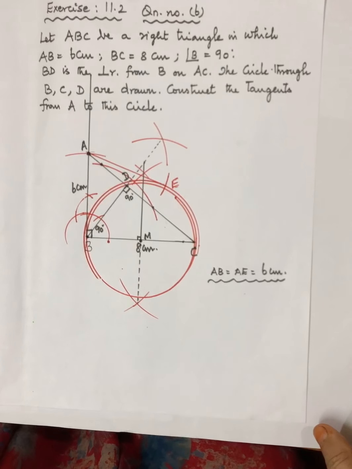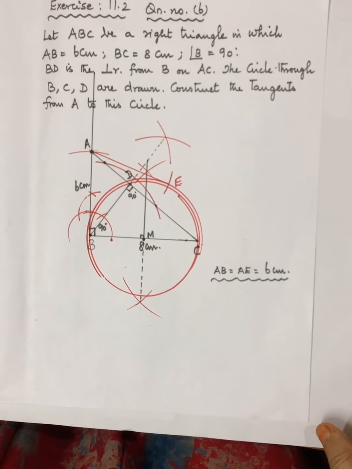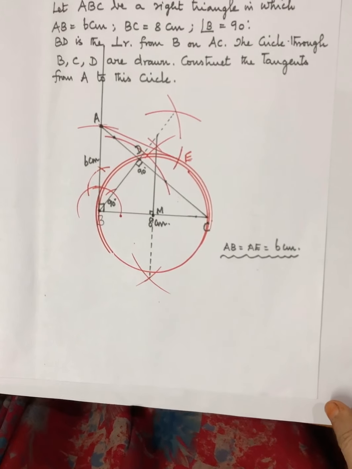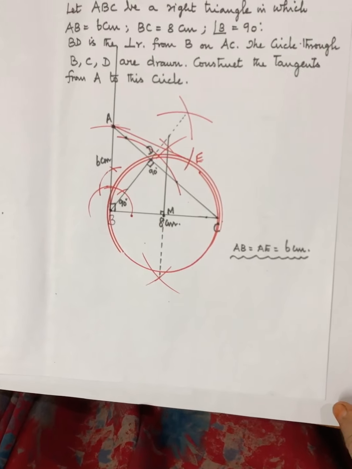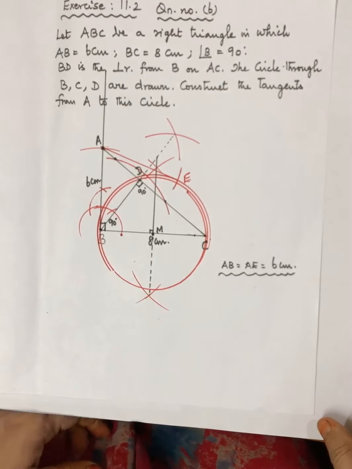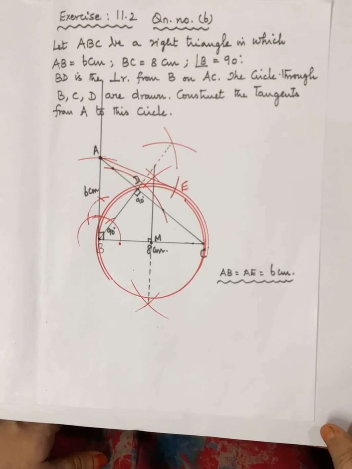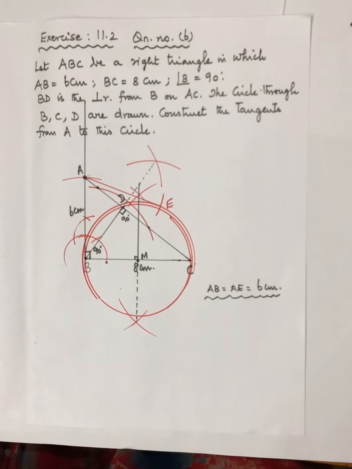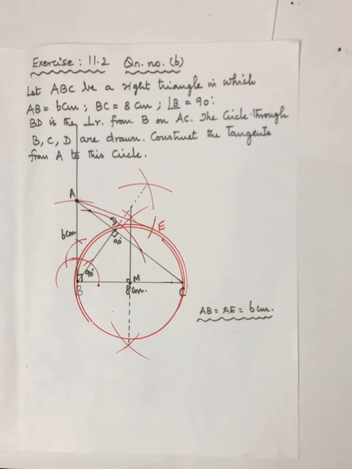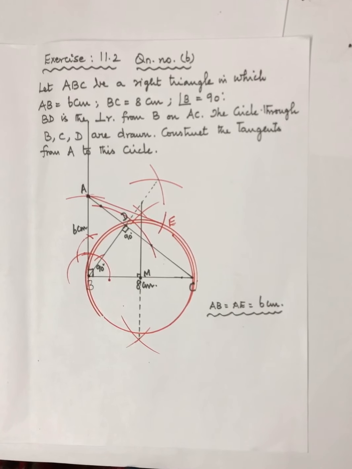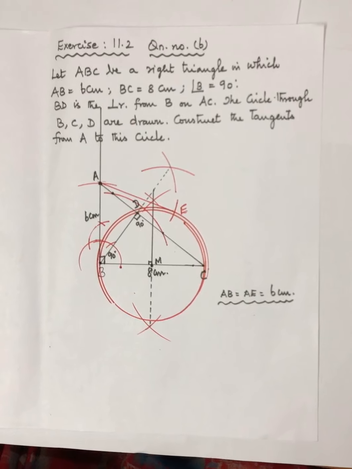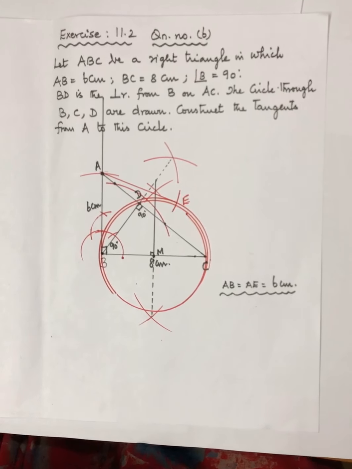Next, AB is the side of the triangle as well as the tangent to the circle. So, the tangent measures 6 centimeter. Therefore, the other tangent also should measure 6 centimeter. So, measure 6 centimeter in the compass.